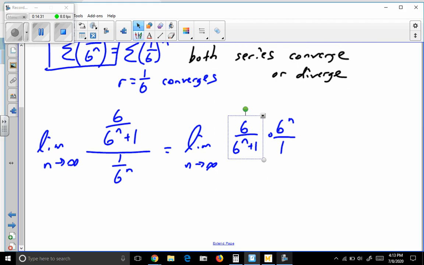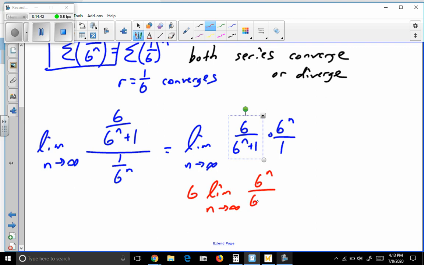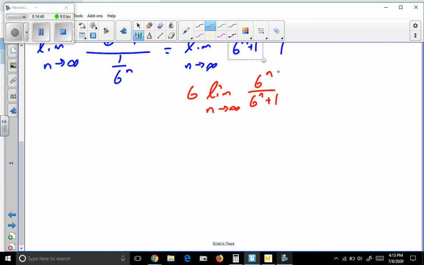We could pull this 6 out front, and that's just a constant that's being multiplied. We have 6 to the n over 6 to the n plus 1. Now, if we just take the limit of it right now, 6 to the infinity over 6 to the infinity plus 1 gives us infinity over infinity, times 6, which is indeterminate. So we can use L'Hopital's rule to take this particular limit. We can take the derivative of the numerator, take the derivative of the denominator, and then take the limit again.